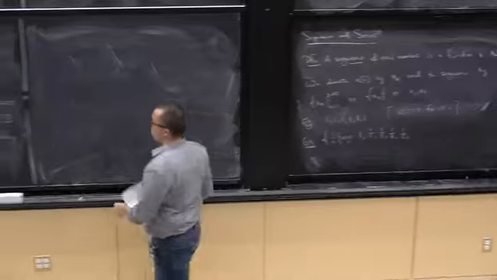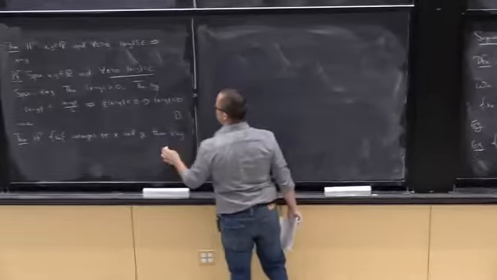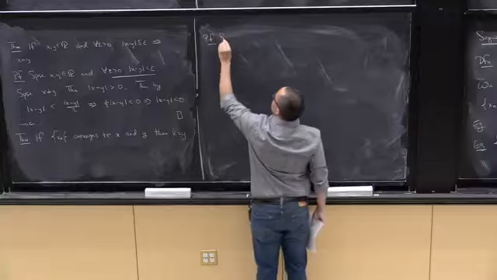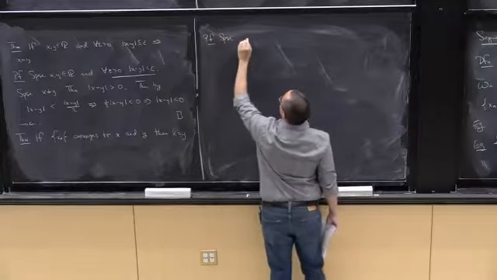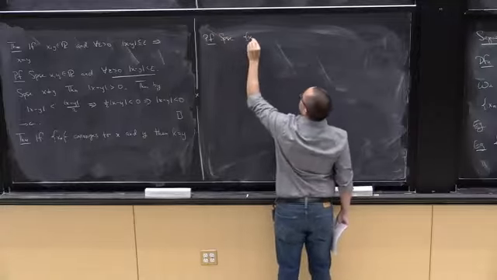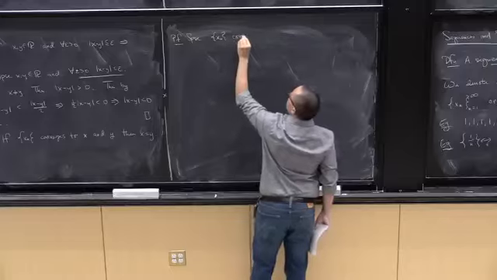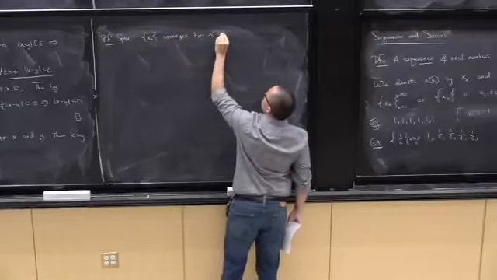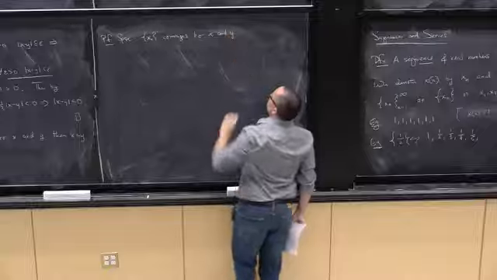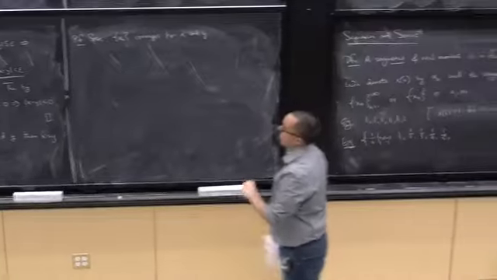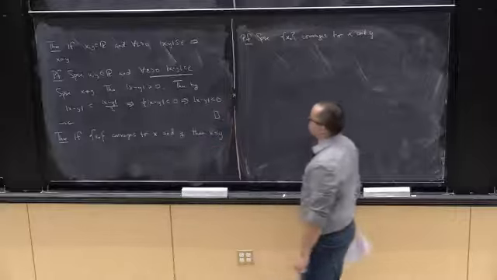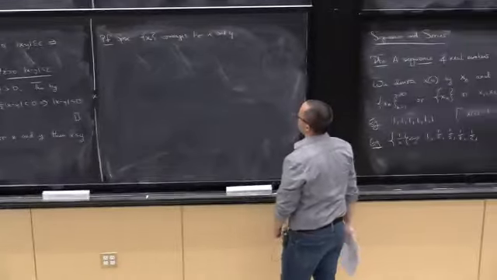Okay, so we're going to use this theorem to prove this statement. Suppose x sub n converges to x and y. I want to verify that for all epsilon positive, the absolute value of x minus y is less than or equal to epsilon.